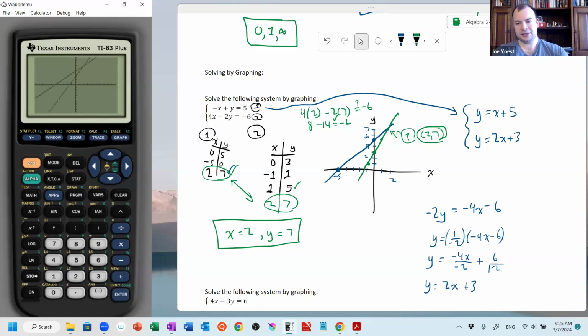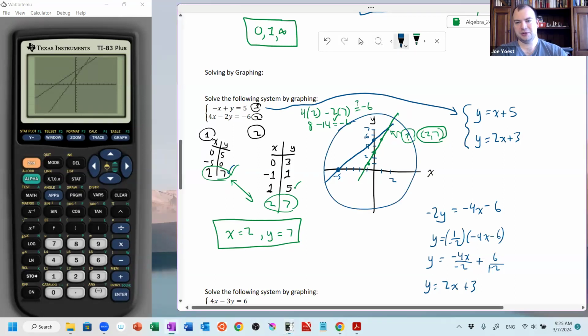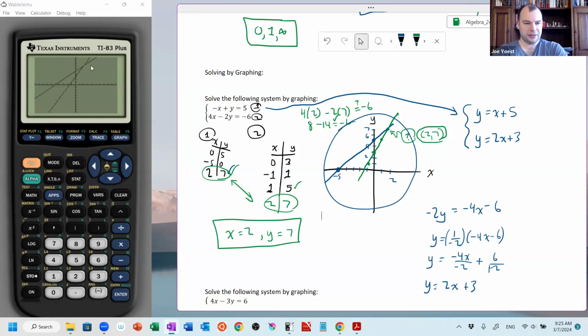And if I graph it, I see I get a very similar looking graph to what I got by hand. I note that there's one intersection on the screen up here in kind of the top right corner in the first quadrant. If I was visually looking at this, I might think that it's somewhere between maybe x equals 2, maybe x equals 3, but about x equals 2. And the y is a little harder to tell, but maybe it's something like 6, 7, 8.